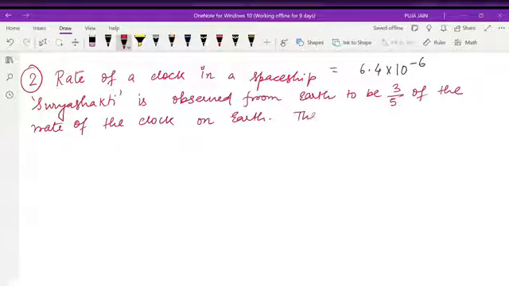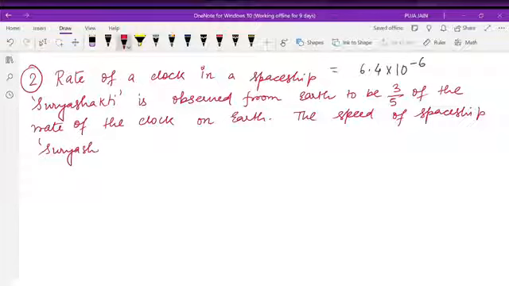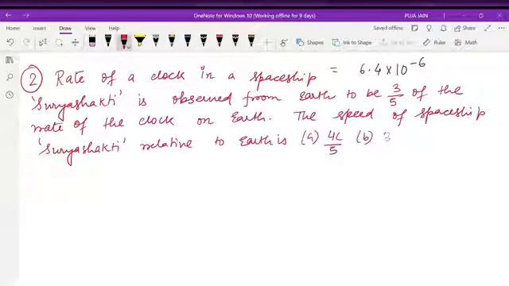The speed of spaceship Surya Sakti relative to Earth is. So this is the question, and the options are 4c by 5, 3c by 5, 9c by 10, 2c by 5.